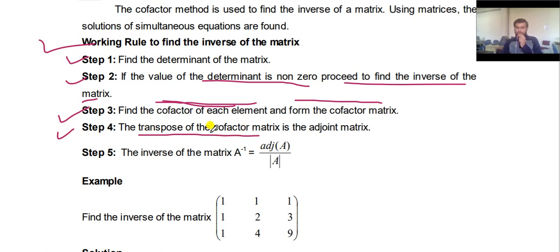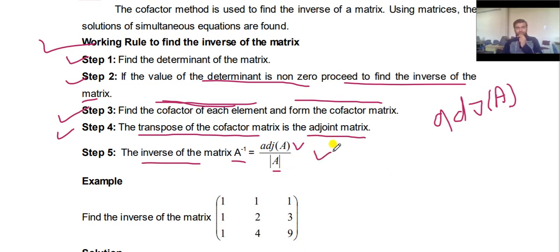When we transpose the cofactor matrix, it is called the adjoint of the matrix, written as ADJ, adjoint of matrix A. Then to find A inverse, we divide the adjoint of A by the determinant of A. This is the main formula for calculating the inverse of a matrix.